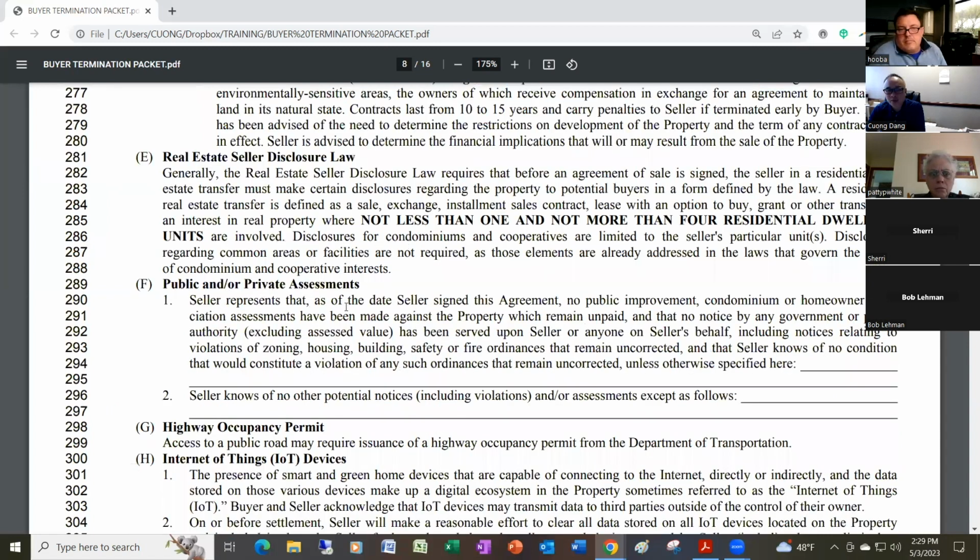Seller represents that as of the date seller signed this agreement, no public improvement, condominium, or homeowner association assessments have been made against the property, which remain unpaid, and that no notice by any government or public authority, excluding assessed value, has been served upon seller or anyone on seller's behalf, including notices relating to violations of zoning, housing, building, safety, or fire ordinances that remain uncorrected, and that seller knows of no condition that would constitute a violation of such ordinances that remain uncorrected unless otherwise specified here.